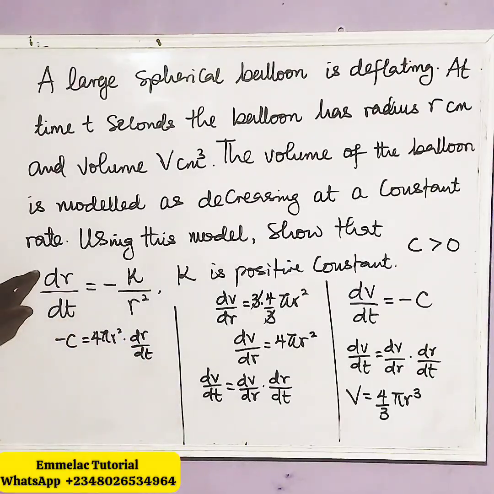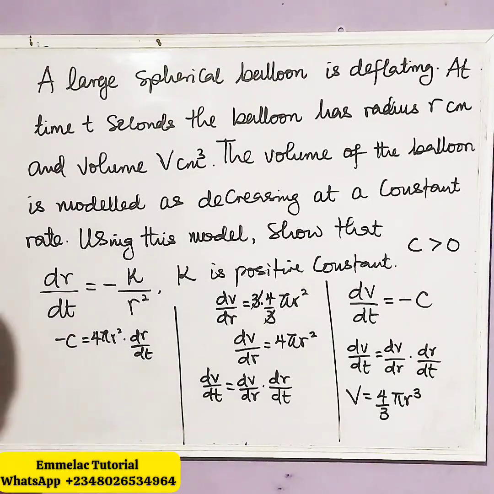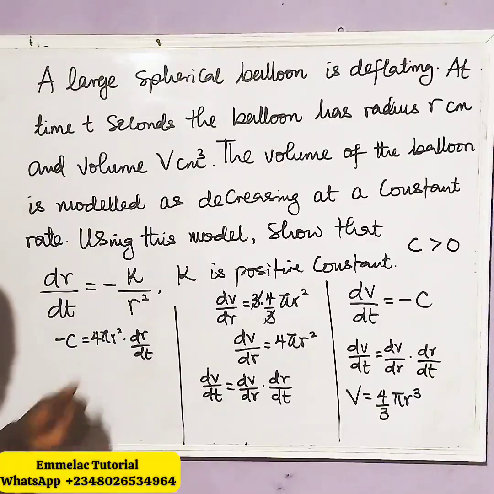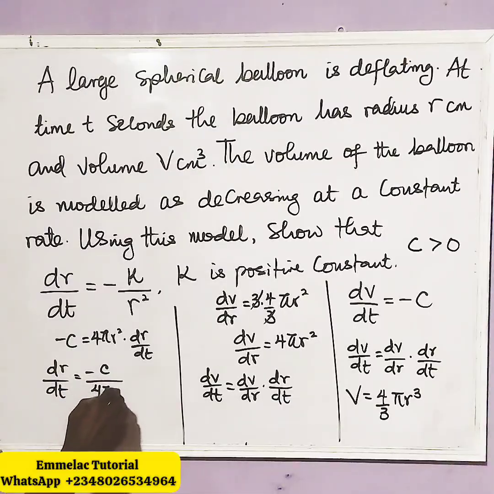Now we make dr/dt the subject of the relation, which means we divide both sides by 4 pi r squared, giving us dr/dt equals negative c all over 4 pi r squared.